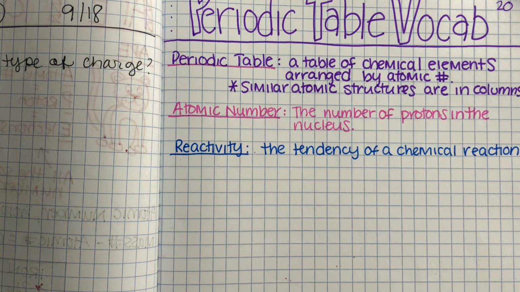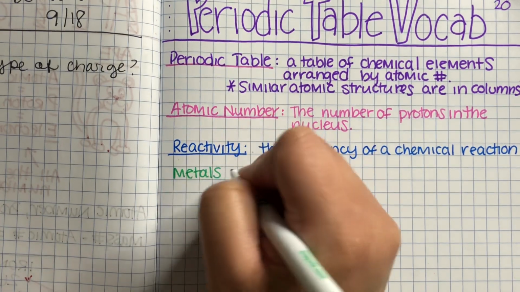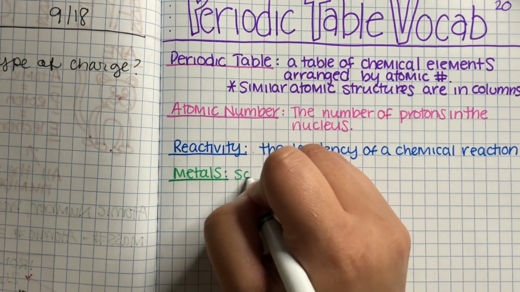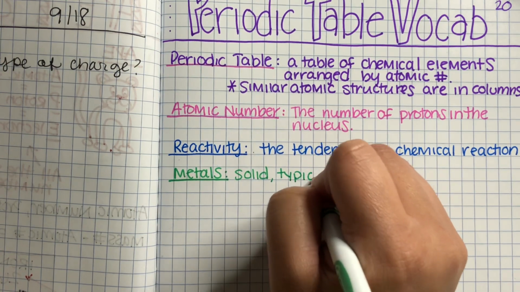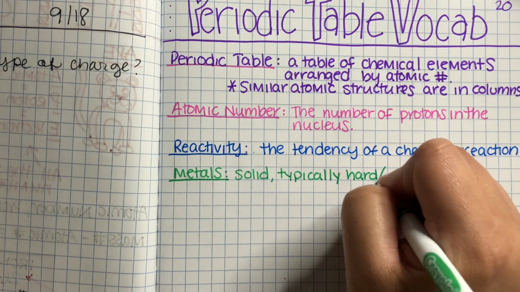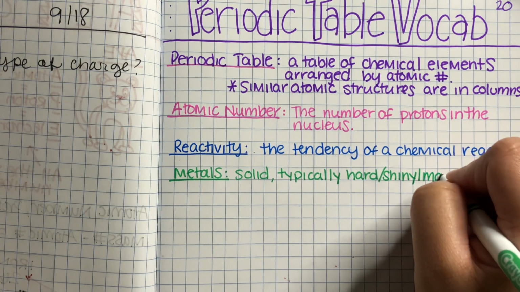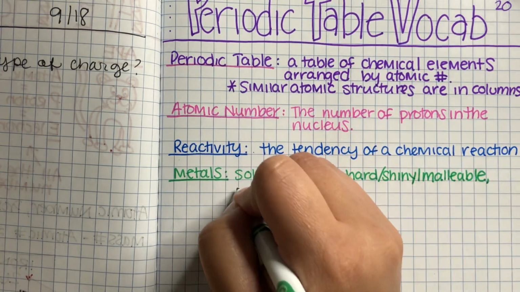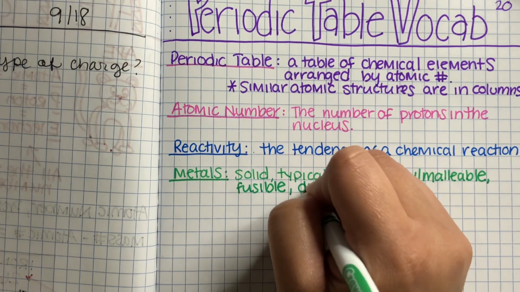Okay, so the next one is metals. Okay, and so metals are solid, typically hard, shiny, malleable, fusible, ductile.